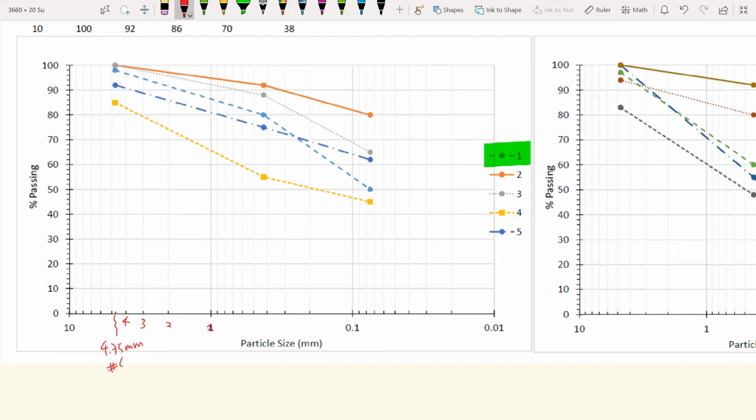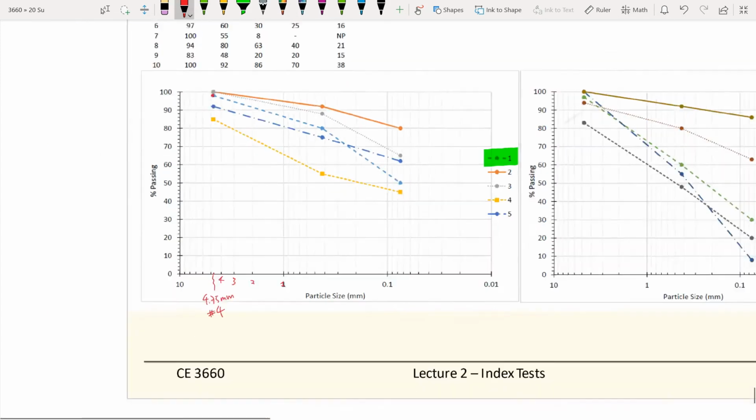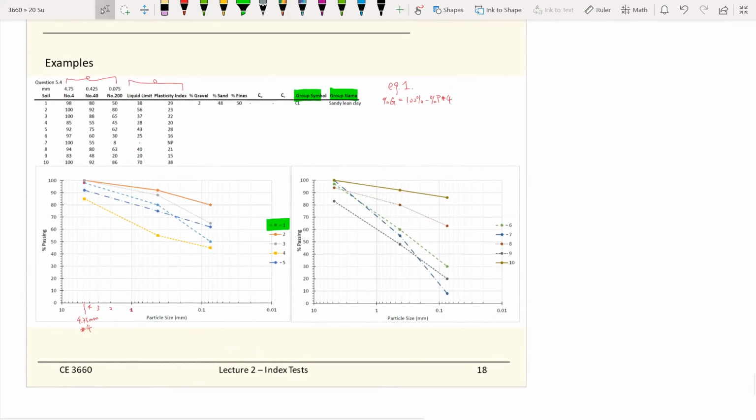So this is the number 4 sieve, and I have about 98% passing right there. So percent passing number 4 is 98%, so percent gravel is 2%.